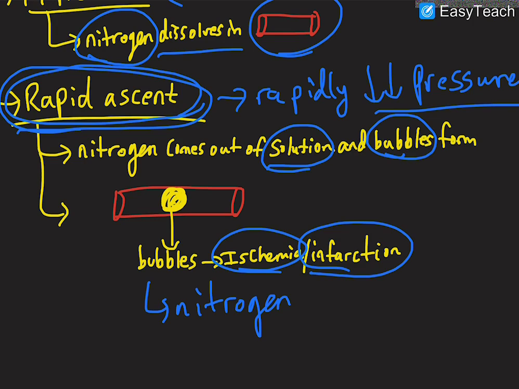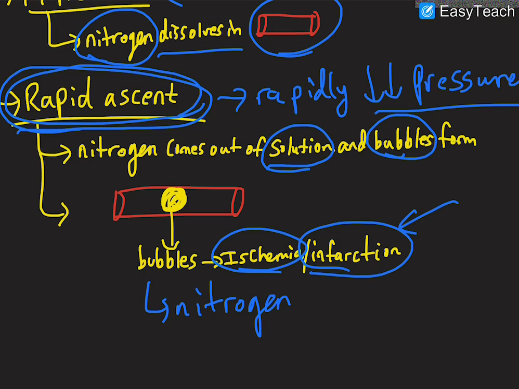Imagine if this blocked off a blood vessel in the brain, for example. It can lead to ischemia of brain tissue, infarction of brain tissue, or a stroke. If this bubble blocked off a blood vessel supplying any organ, the main thing to know is it can lead to ischemia and infarction.